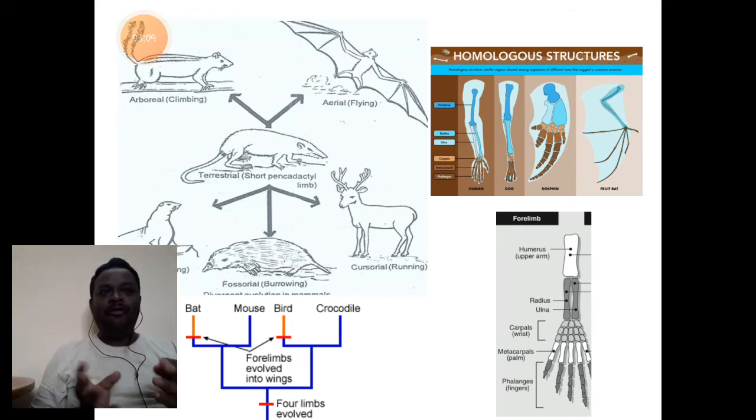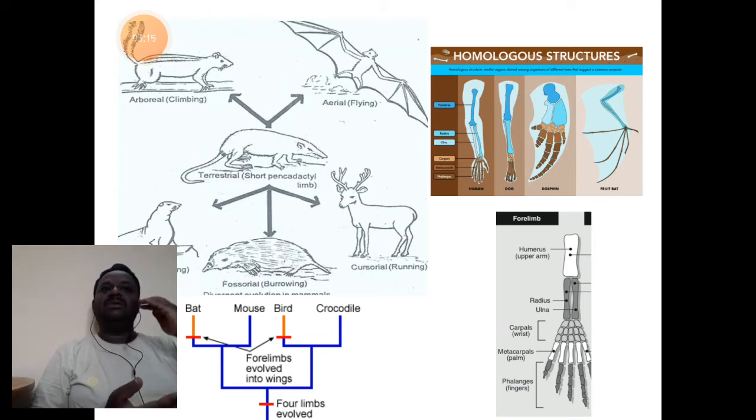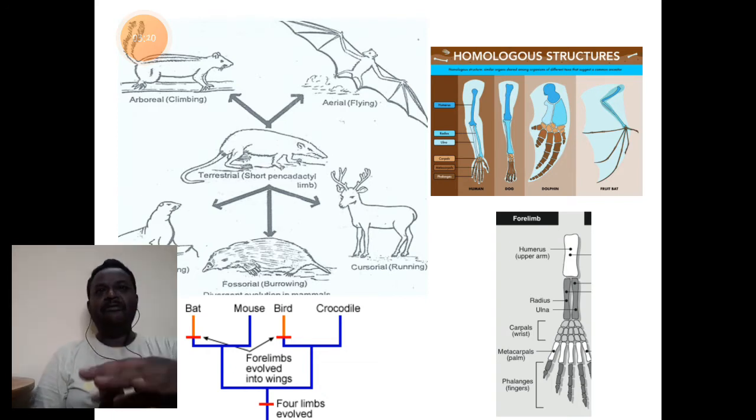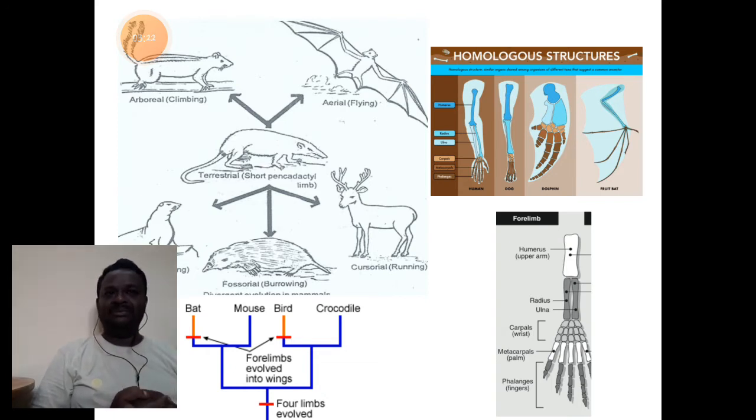Few ancestral forms started to move to the trees, and they started flying from one tree to another. Few ancestral forms, example for that is bat. So they started living the aerial mode of life.